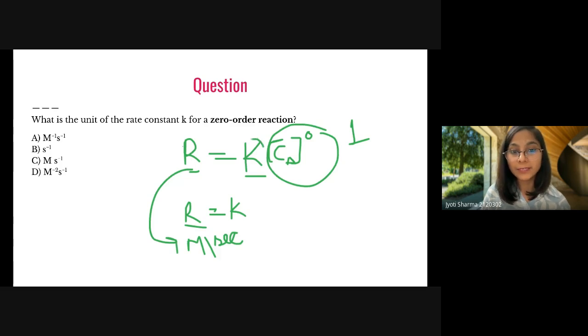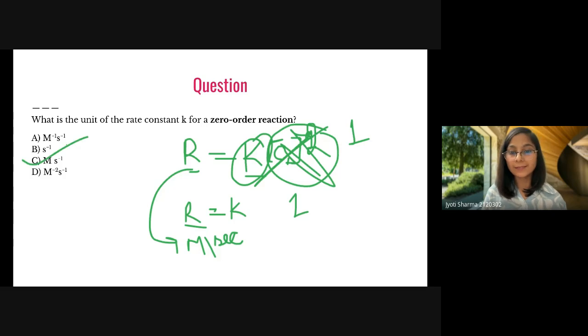But the unit for this K will change as soon as this is raised to 1 or raised to 2. So here if this is just 1, then K is equal to R, and the unit of R is nothing but molarity per second. So C is the right answer.